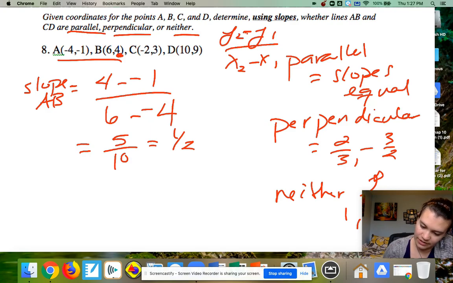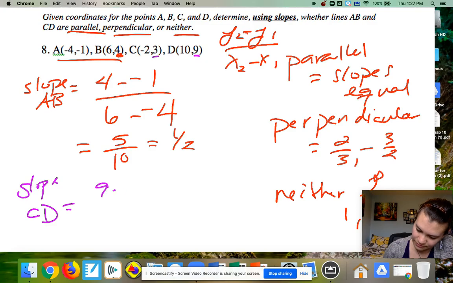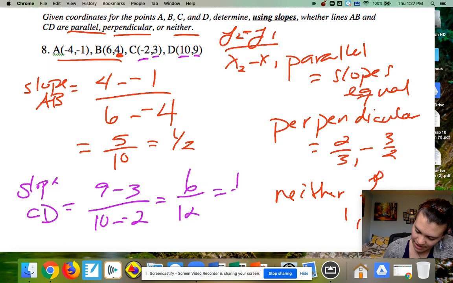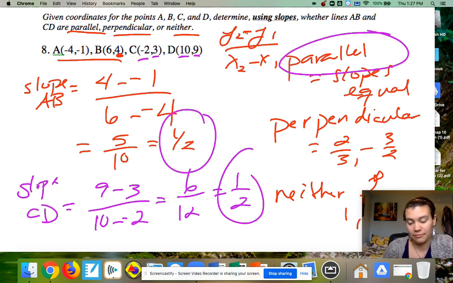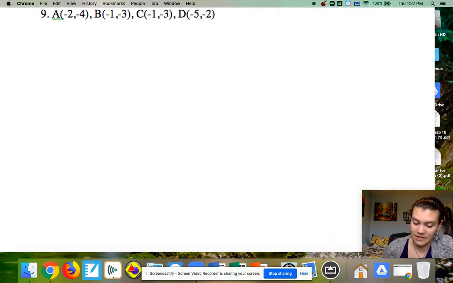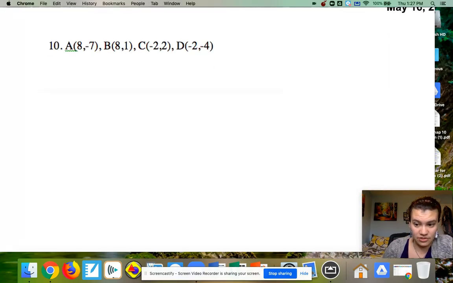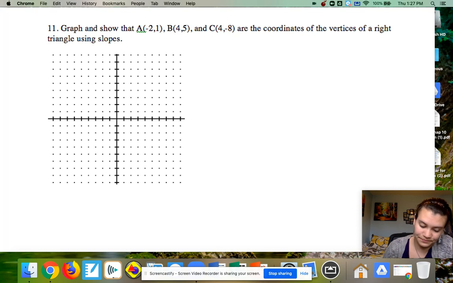And then find the slope of CD. We want y2 minus y1 over x2 minus x1. You get 6 over 12, which is 1/2. So these two are the same. So this one is going to be parallel. And then this one and the next one are the same idea. Just go through and figure out what they are.